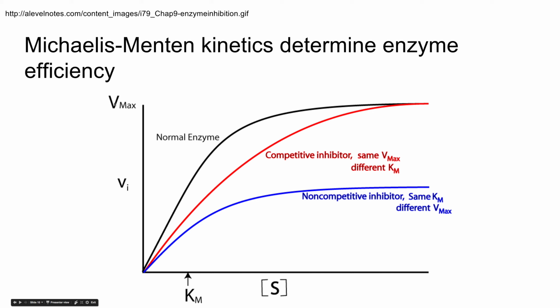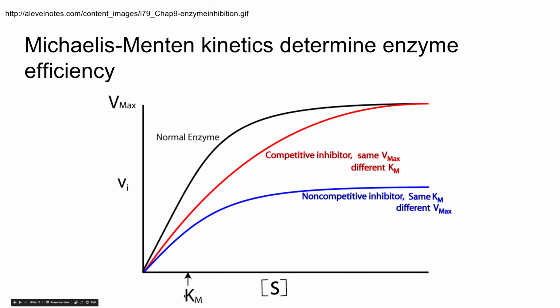The way that we judge the efficiency of an enzyme is how quickly you get to Vmax. The way we do that is I take my Vmax height and I cut it in half. When I cut it in half, so half of Vmax, I go to my graph and I look down. So what is the substrate concentration to get halfway to my maximum point?